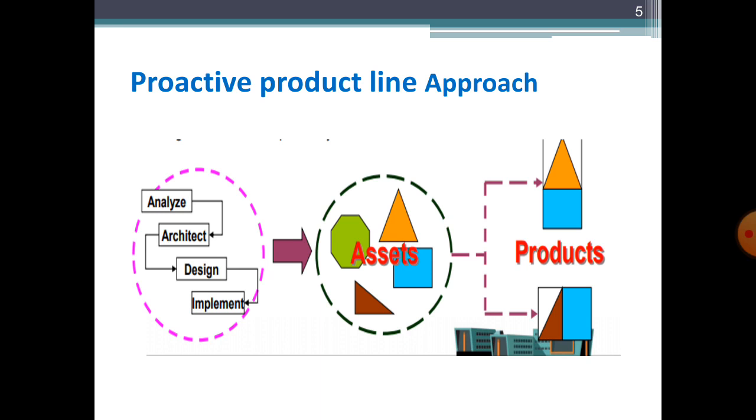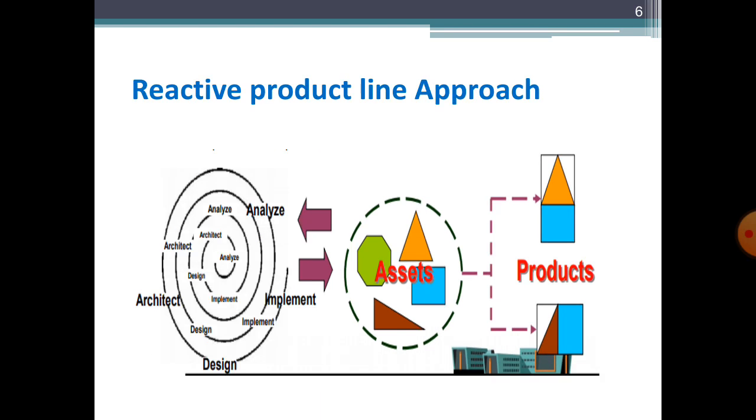This proactive approach suits organizations, students, that can predict their product line requirements well into the future and have the time and resources for a long waterfall development cycle.